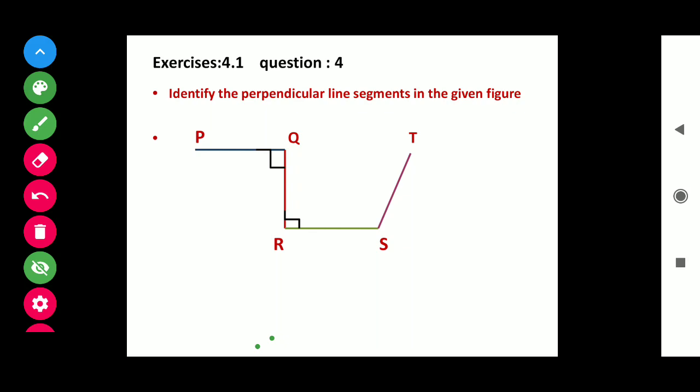So first of all, you have to remind yourself what perpendicular lines are. When there is a 90-degree angle between two lines, then both lines are called perpendicular to each other.